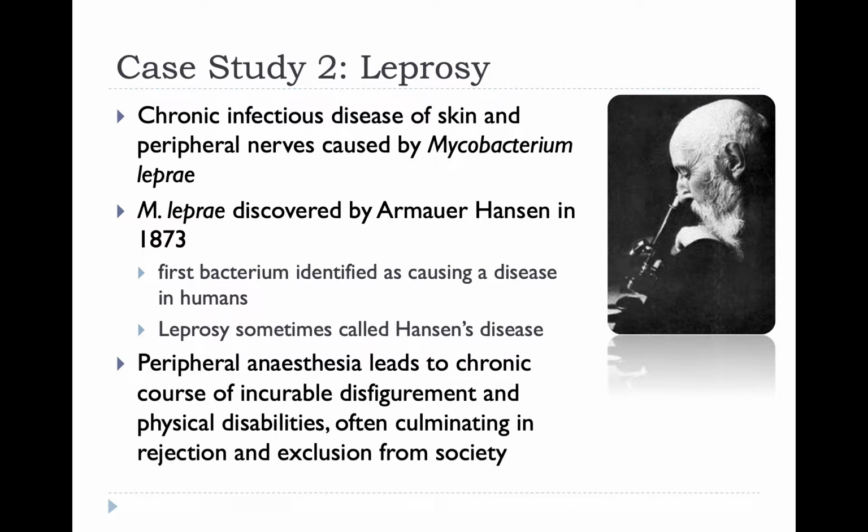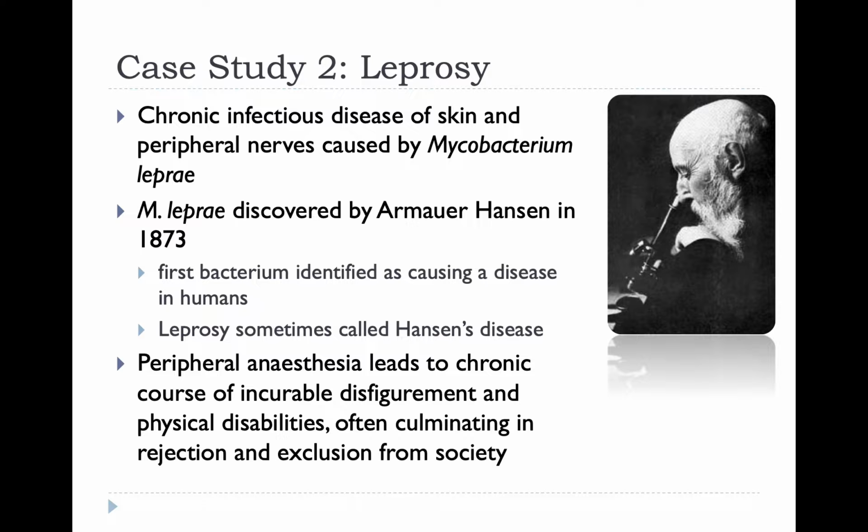So leprosy is a chronic infectious disease of skin and peripheral nerves, caused, at least classically caused, by an organism called Mycobacterium leprae. Mycobacterium leprae belongs in the record books because it is actually the first bacterium that's identified as causing a specific disease in humans.